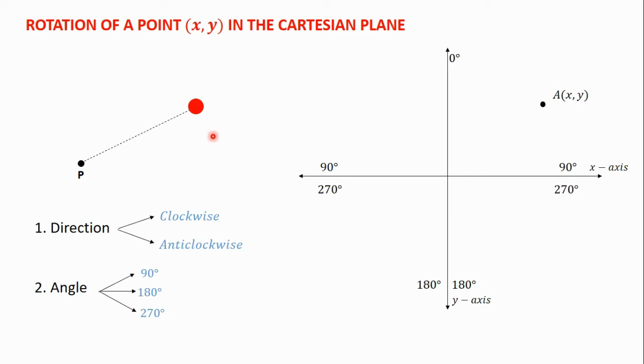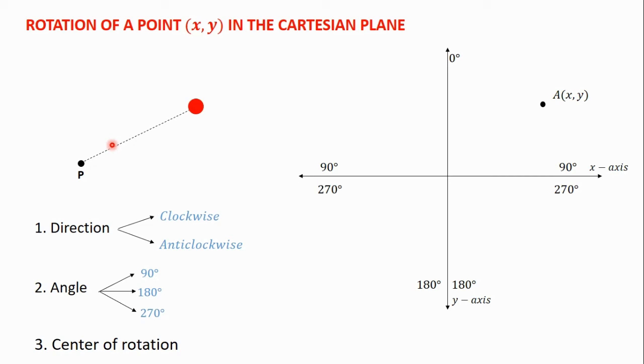When we rotate a point or an object about another point, the final position of the point or the object also depends on the center of rotation. In our illustration here, we said that we are rotating the stone about the point P. So the point P becomes our center of rotation.